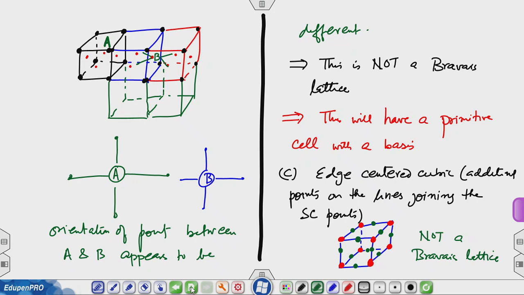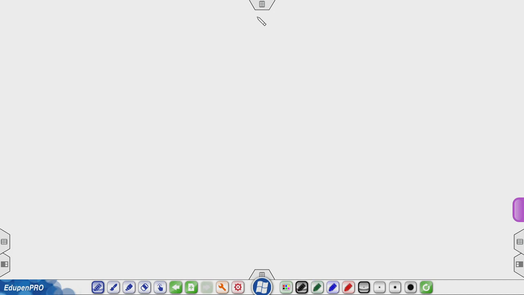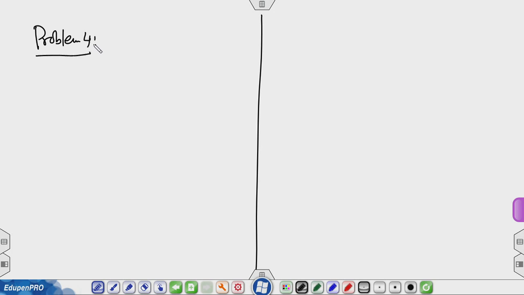All right. Then the next problem is concerned with planes in a crystal, and this is taken from Kittel's book.